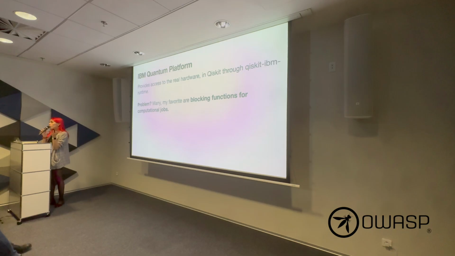From more of a UI point of view, it's this website, IBM Quantum Platform, where you can access your computational jobs and so on, which run on the hardware. This whole library has many flaws. My favorite one is blocking functions for computational jobs.